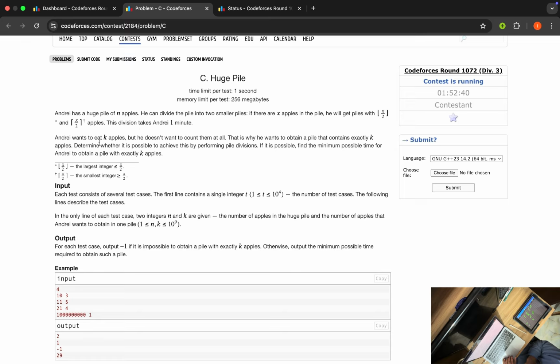Andrea wants to eat K apples, but he doesn't want to count them at all. That is why he wants to obtain a pile that contains exactly K apples. Determine whether it is possible to achieve this by performing pile division. If it is possible, find the minimum possible time for Andrea to obtain a pile with exactly K apples.